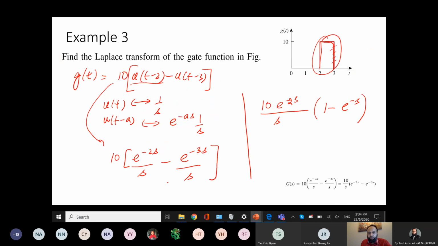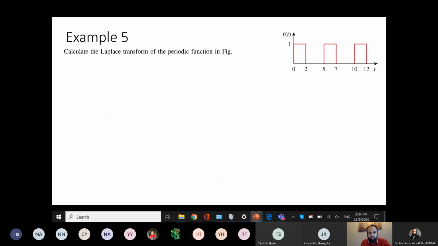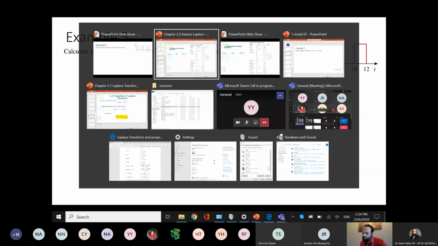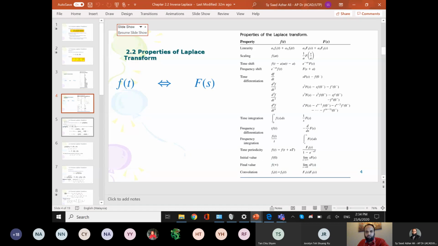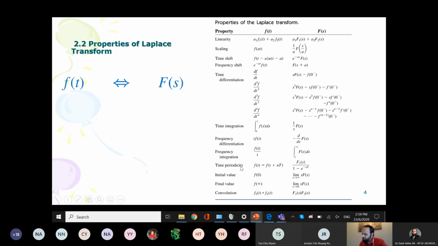All right. So I move to example 5. Don't show me the answer. What we see here is that we have a periodic function, and luckily, some guys helped us devise properties for periodic functions as well, time periodicity.